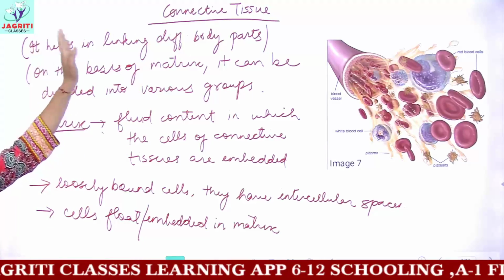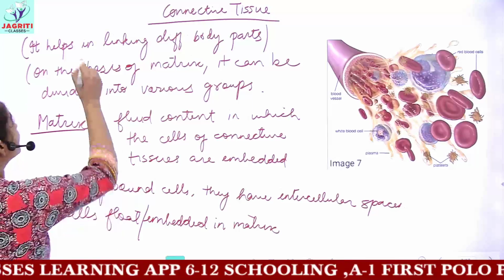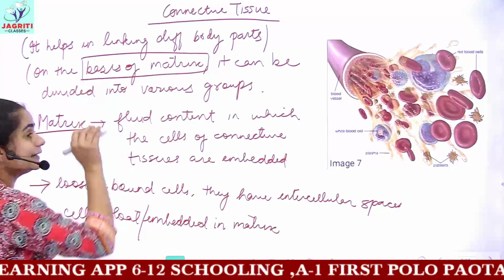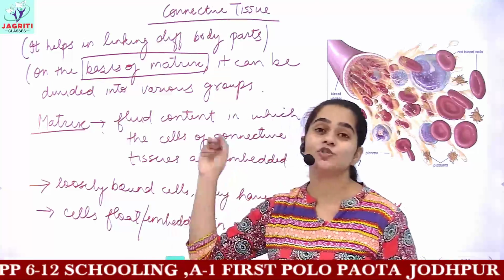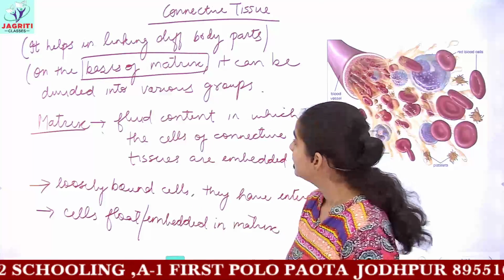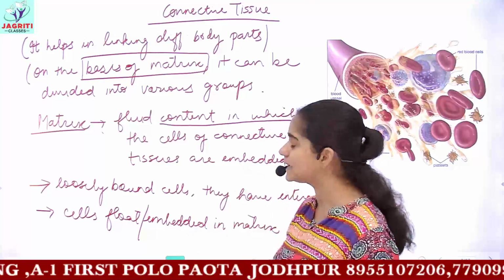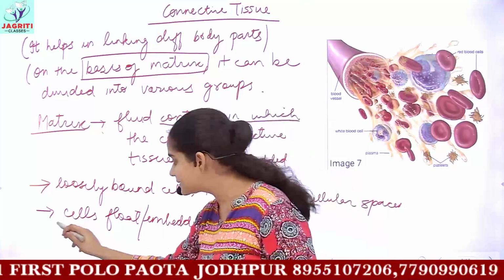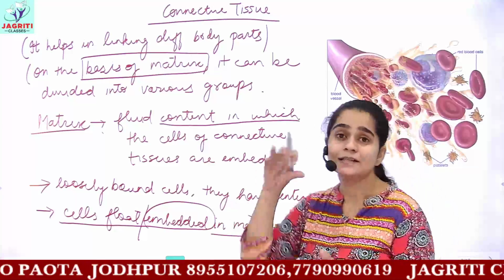So this was a general account of connective tissue. Connective tissue helps in linking different body parts. On the basis of the type of matrix present, it can be divided into different subcategories, which we saw in the flow chart. Matrix is the content present inside these tissues, and the cells are embedded inside this matrix.